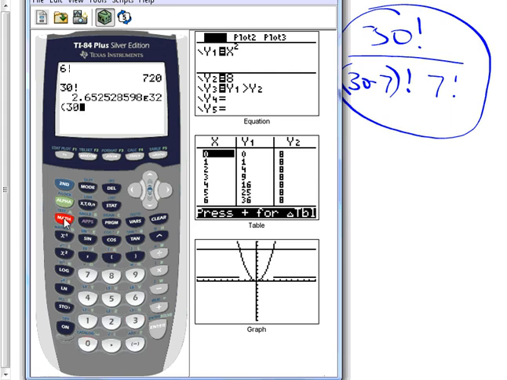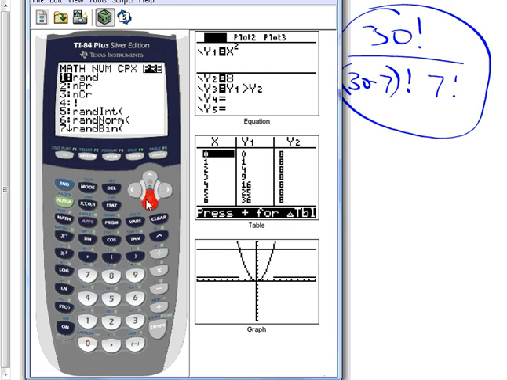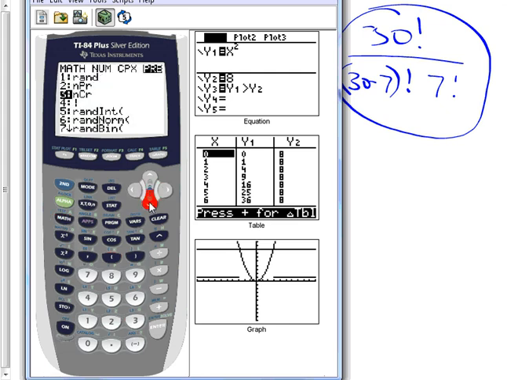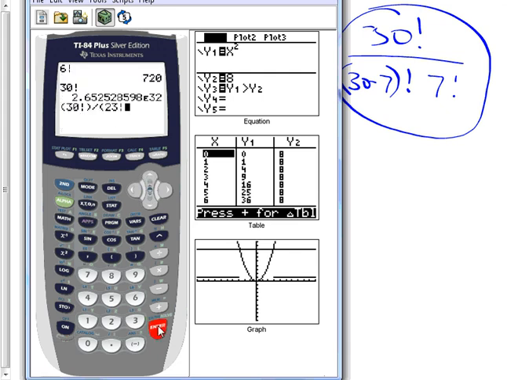Factorial, math, PRB, divided by another parentheses, 23 factorial, times, probably wouldn't need the times, but I'm going to do it anyway, 7 factorial.